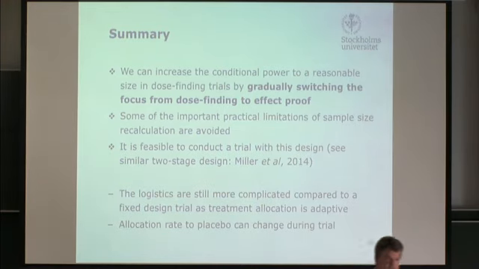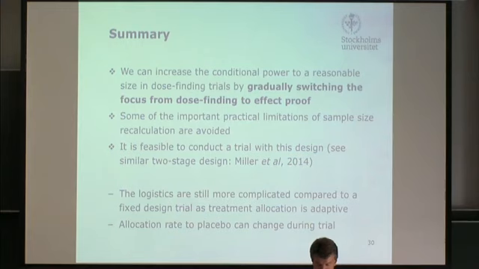But still, the logistics are more complicated compared to a fixed design, as you have to prepare then the allocation rates to the doses in a flexible way for stage 2. So this makes it more complicated.